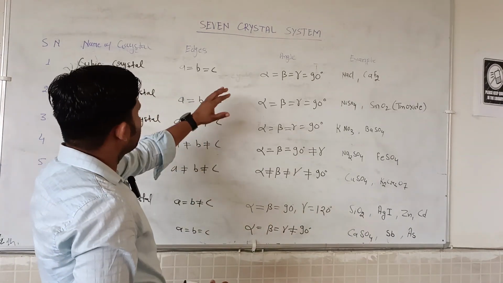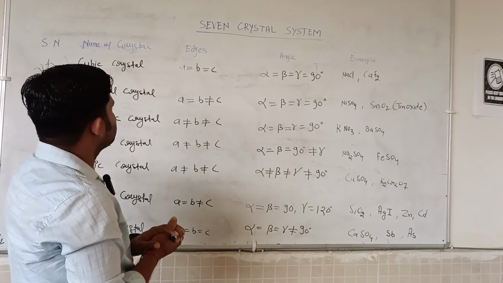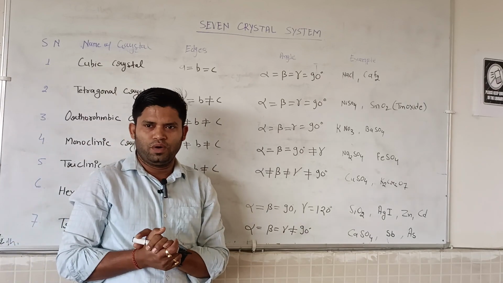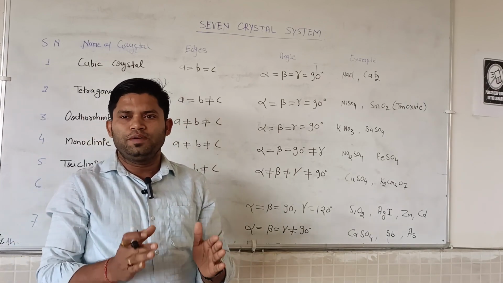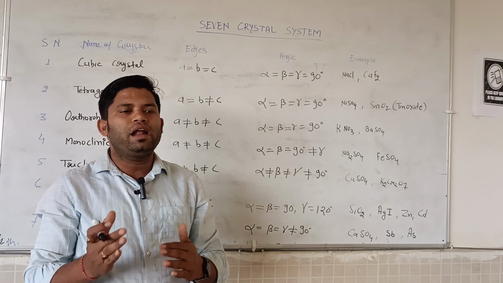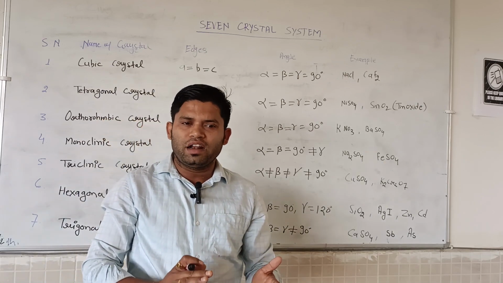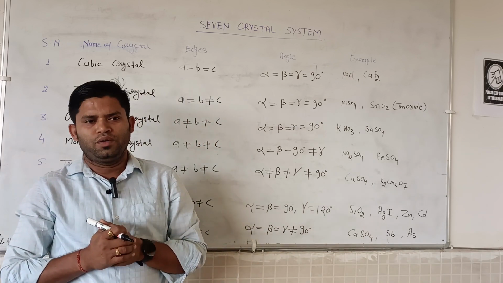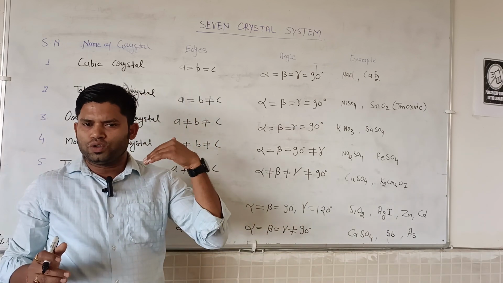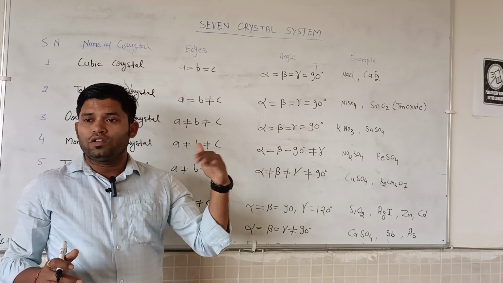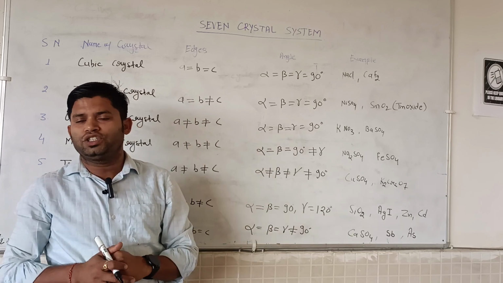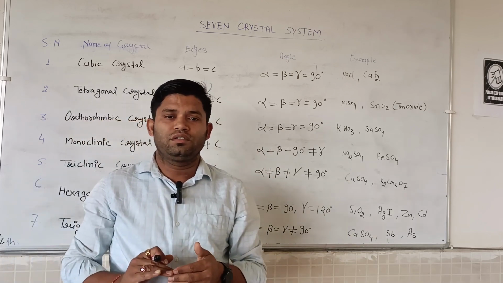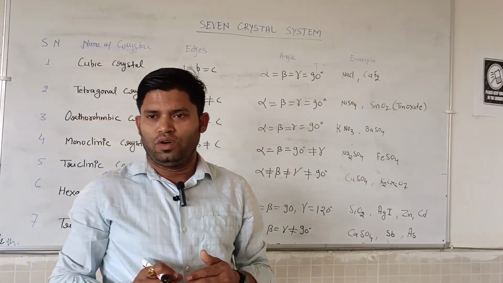Clear? Now come to the angles of these seven systems. a, b, c represent the edges, and alpha, beta, gamma represent the angles of the crystal. We also read this in the unit cell.